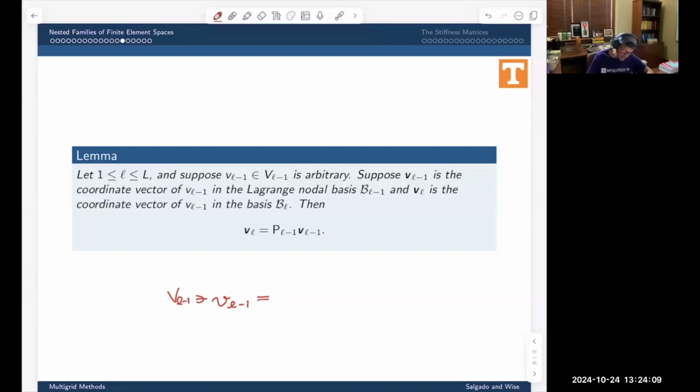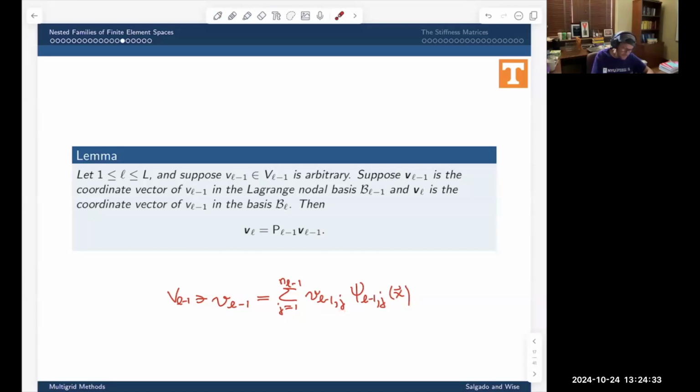Well, that means that I can represent it in the basis: the sum for j equals 1 to N_{L-1} of v_{L-1,j} times psi_{L-1,j}. Now it's this guy which depends on x, and these guys here are just coefficients.